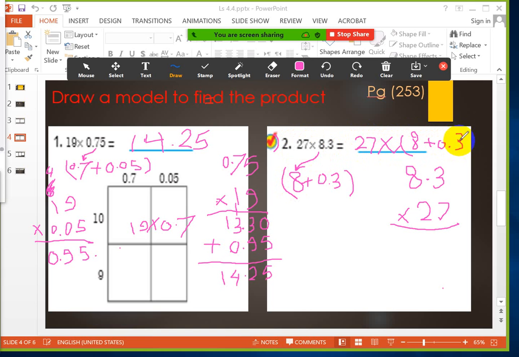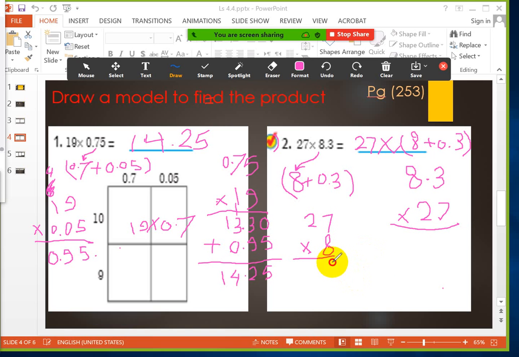This is the expanded form. First thing, 27 multiply 8. Let's start. 27 multiply 8. I will write it like this. 8 multiply 7 equals 56.